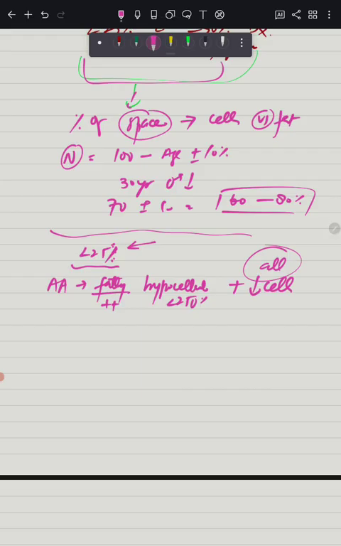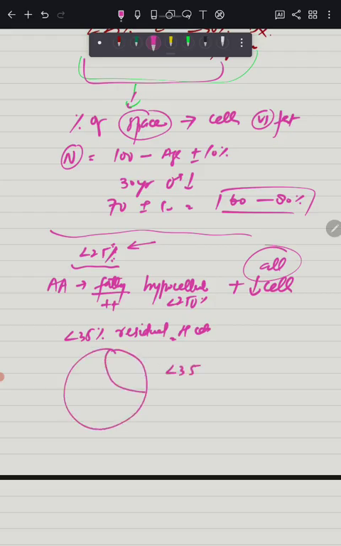So what is this less than 35% residual hematopoietic cells? This means of the total marrow seen, less than 35% of it is composed of the real hematopoietic cells, be it WBCs, RBCs, platelets.